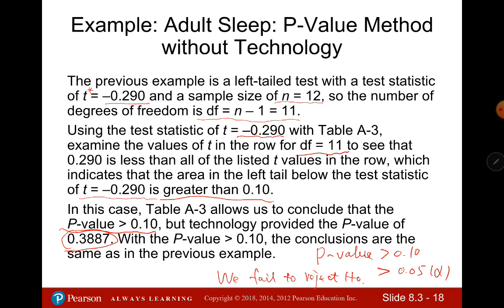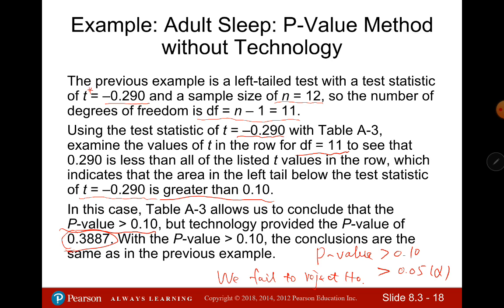It's just part of the t-values in our table. The body of this table just lists the different t-values, but very limited, and only lists positive values. We have the negative test statistic here, but it doesn't matter. We only focus on the value. Just ignore the negative sign to check the table. So we use 0.29 to check our table.